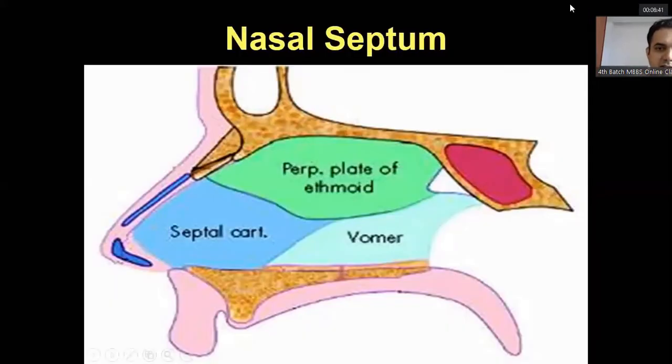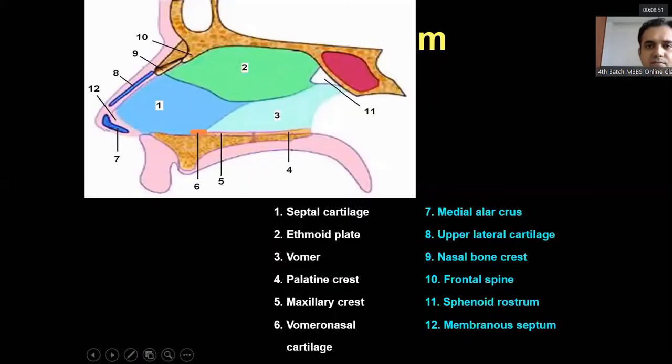Now see here, this is what we talked about. This is the septal cartilage, the perpendicular plate of ethmoid, and the vomer bone. This forms the nasal septum. These are the major parts, but apart from this there are minor contributions from many different parts. So I have also labeled the diagram.